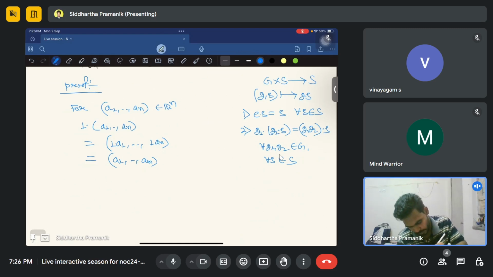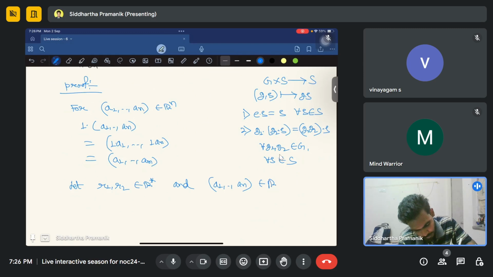The second one is also trivial, but let's see this. So let r1, r2 belong to R star and (a1, ..., an) belong to Rn.